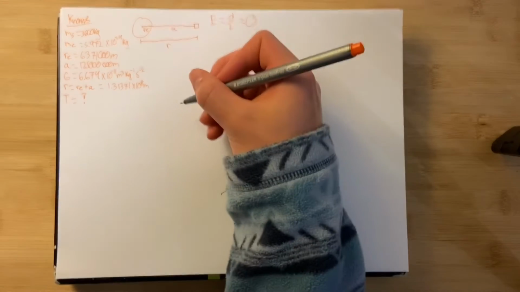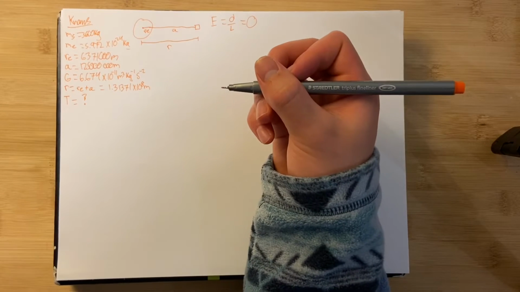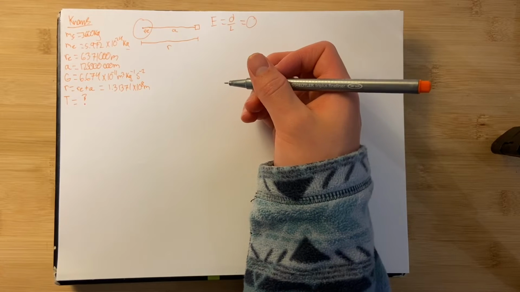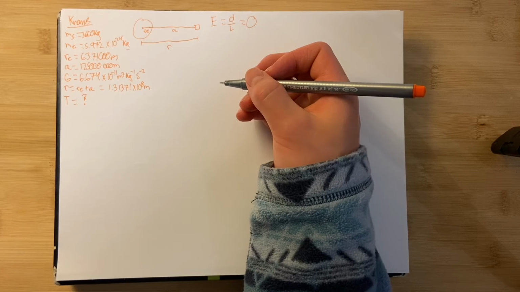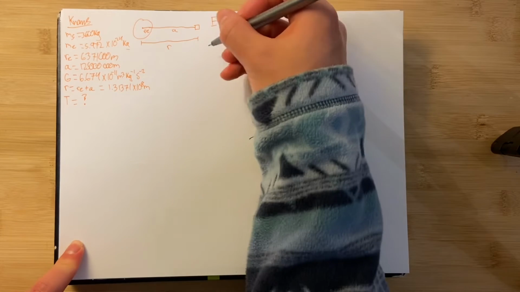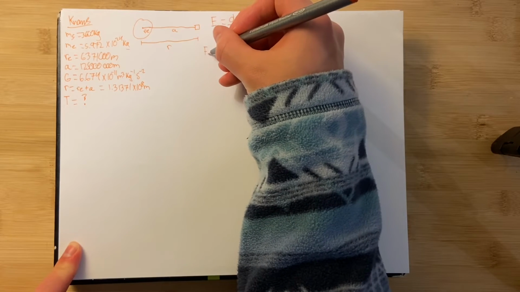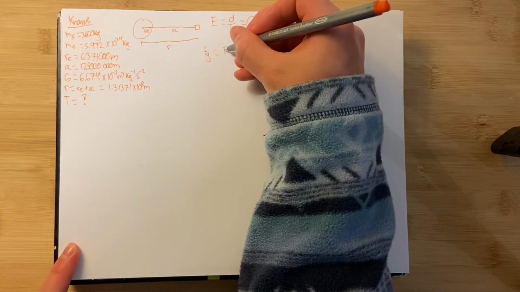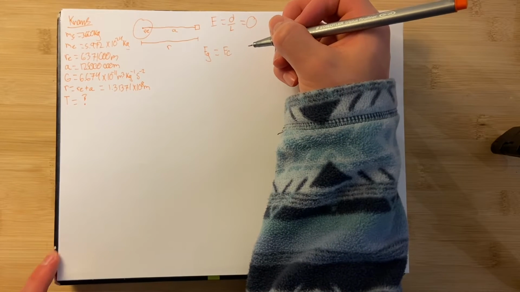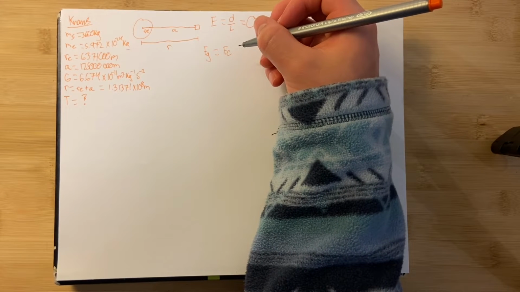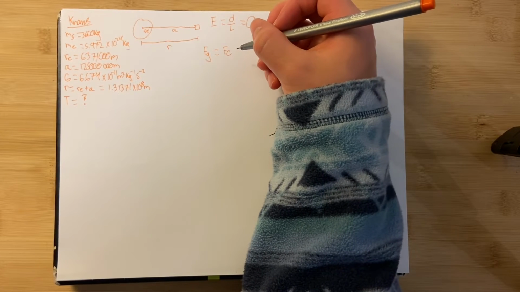Now, if we want to solve for the period, we first have to solve for the velocity of the satellite. And because, again, we are orbiting in a perfect circle, we can say that our force due to gravity is going to be equal to the centripetal force. This also means that our velocity is going to be constant throughout our entire orbit.